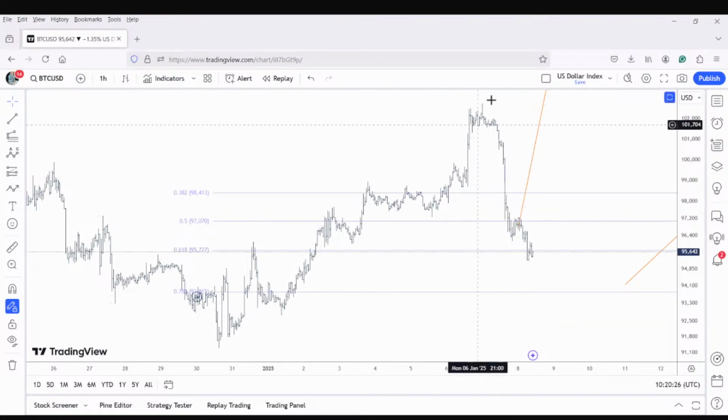So if it's an expanded flat, this is a clear completion of the expanded flat corrective wave structure. But if it is an impulse, there will be a pullback, but then prices will turn lower from somewhere here, right? The 100K mark or just about that. So we've got to be a bit careful. We will review again each session. We are already reviewing it.